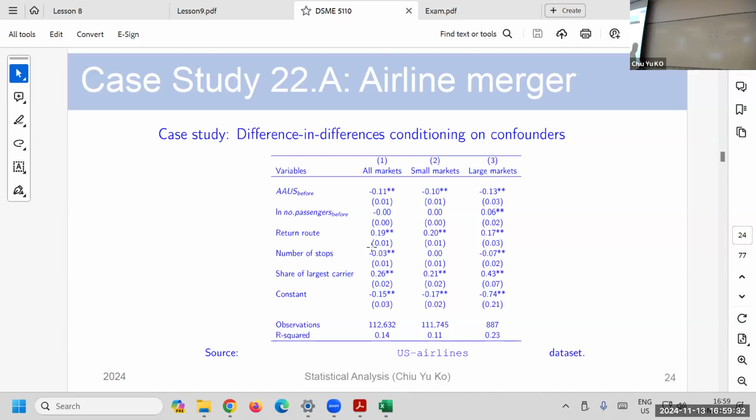Because they explain the price, right? It's not affected by the merger, right? So you can control them. There's no problem there, right? So you control them, you get a better match, right? So that is the standard way you do things, okay?